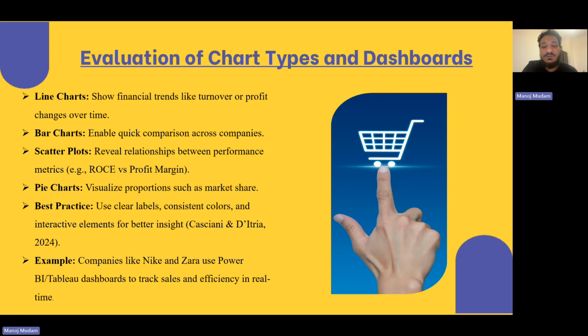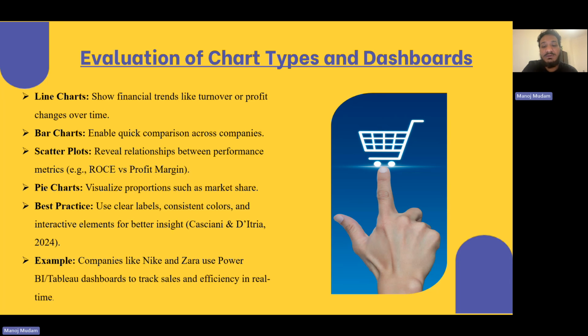The bar charts are used to compare metrics such as profits and margins, and pie charts indicate proportions such as market share. Effective dashboards show competition in a single view.